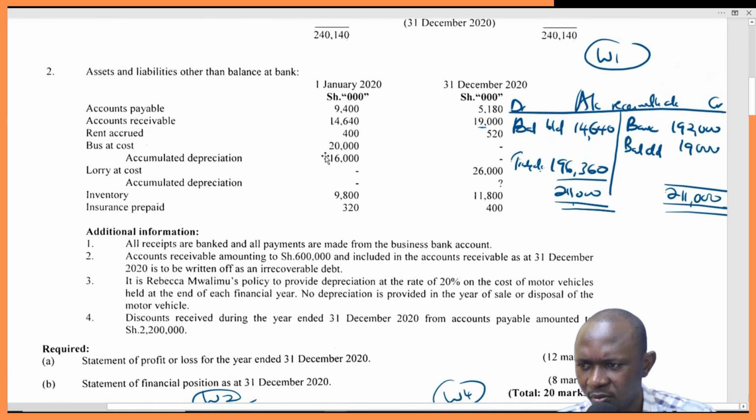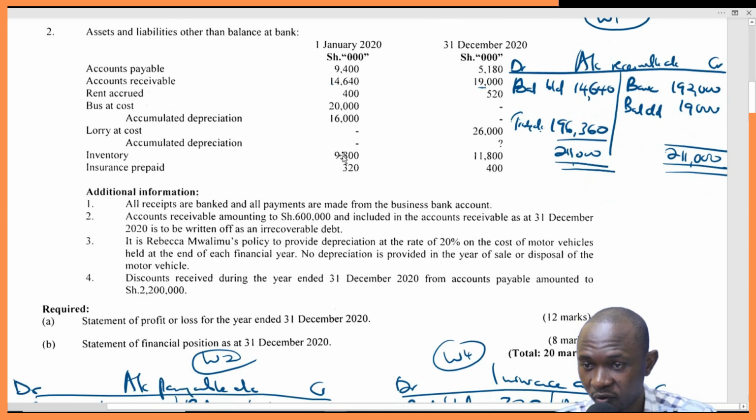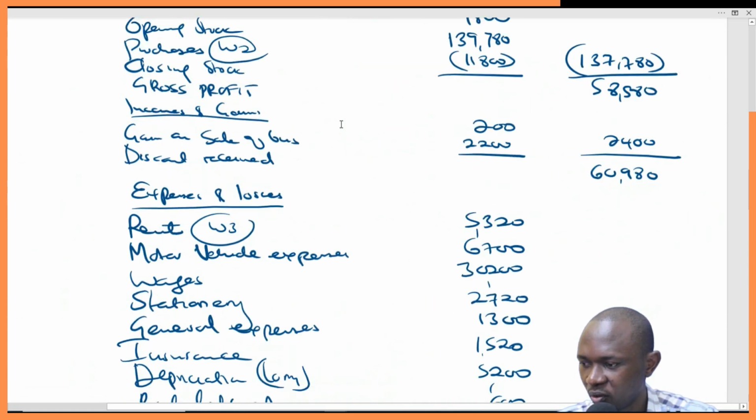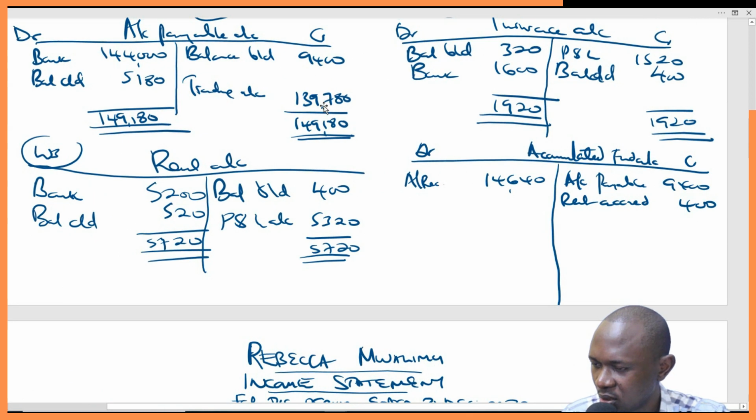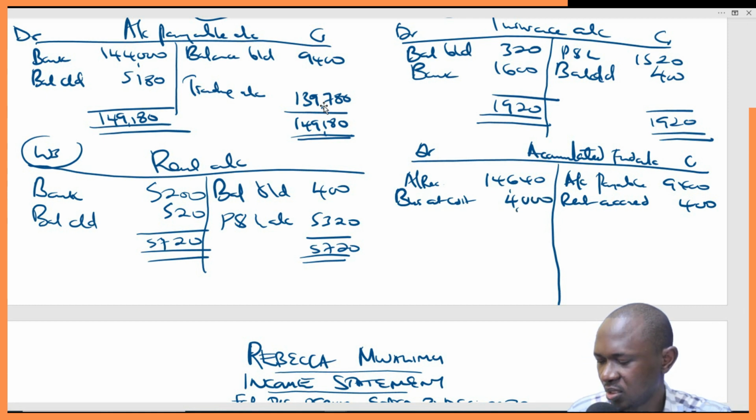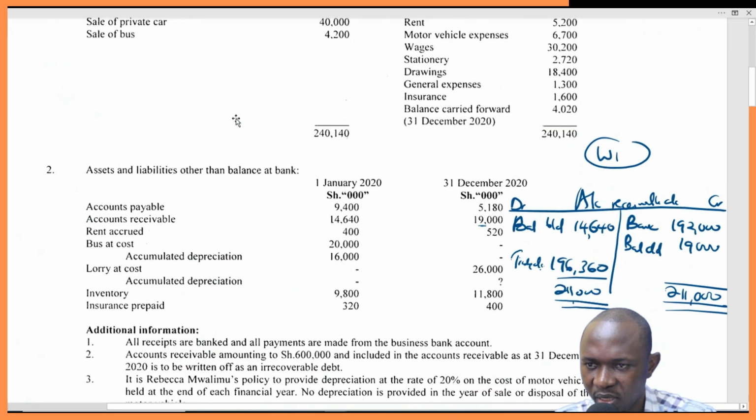The value of the bus at the beginning of the year was 20,000, accumulated depreciation 16,000. So the value of the bus at the beginning of the year was 4,000. So bus at cost 4,000, that's an asset. So we put it on the debit side.